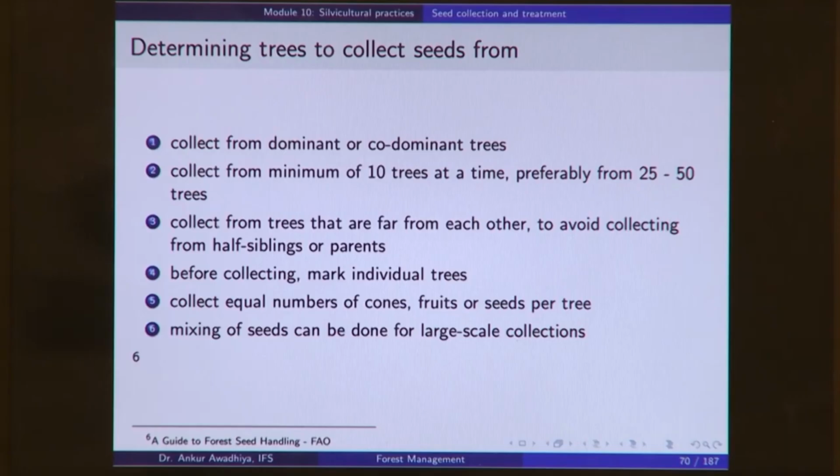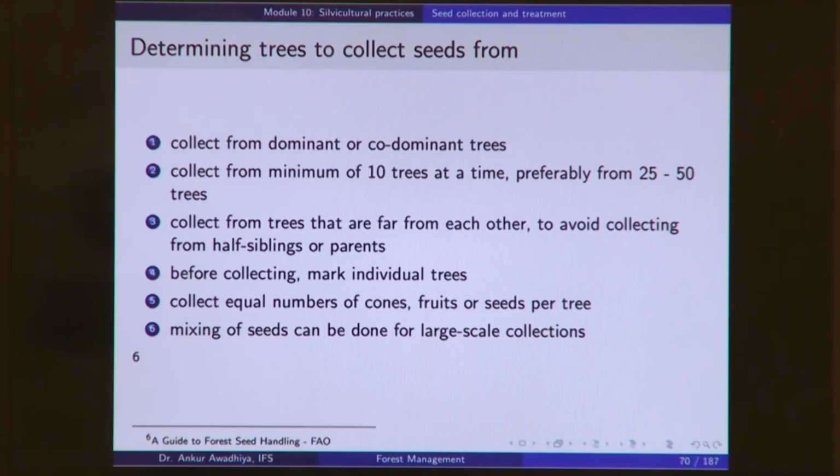Now, when we collect these seeds, then we also need to determine not only which days we have to collect, but also which trees we have to collect from. So, the seed collection is done from dominant or codominant trees, because these are typically the trees that are large in size, because of which they are exposed to the sunlight, and because they are exposed to the sunlight, the plant is getting enough nutrients which will in turn be diverted to the seeds.